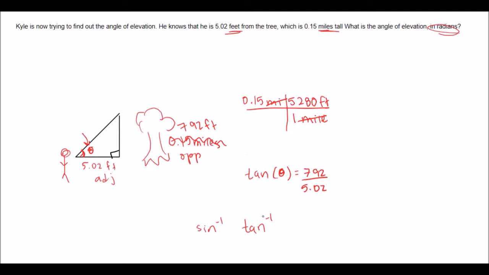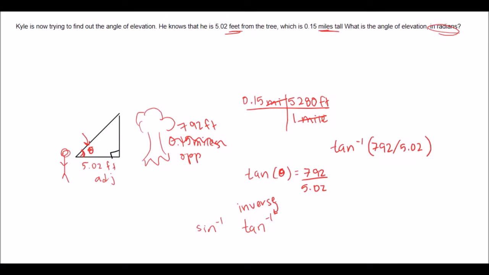And this means the inverse. The way you use this would be, you would do tangent -1, or the inverse of tangent, 792 over 5.02, and then it will spit back out at you the actual angle measure.